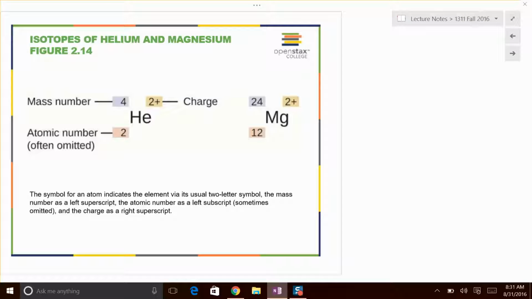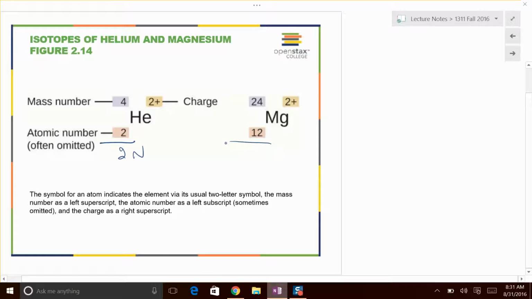We write the mass number here, we write the atomic number here, and we write the charge of an atom here. It's very convenient to do that because just like we saw earlier, if I know the mass and I know the protons, I can simply subtract those to determine the number of neutrons. Okay?